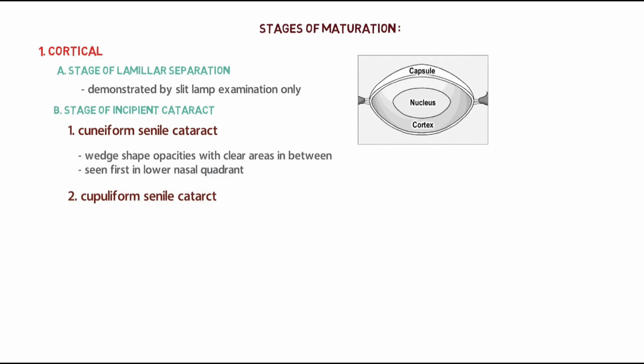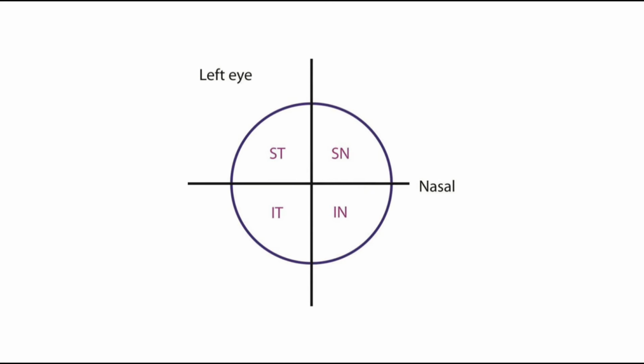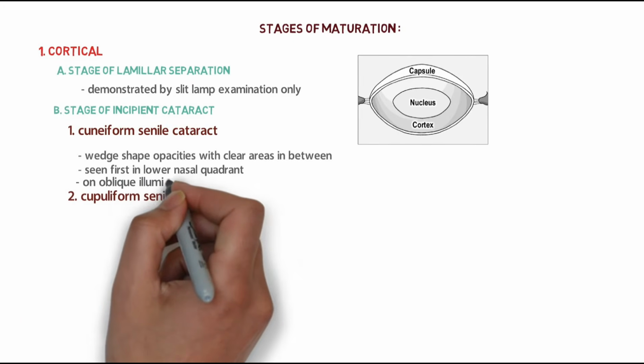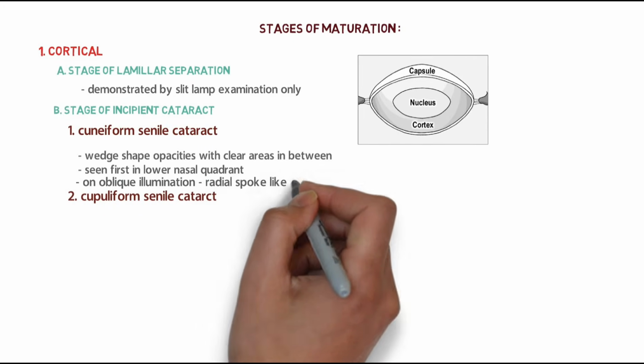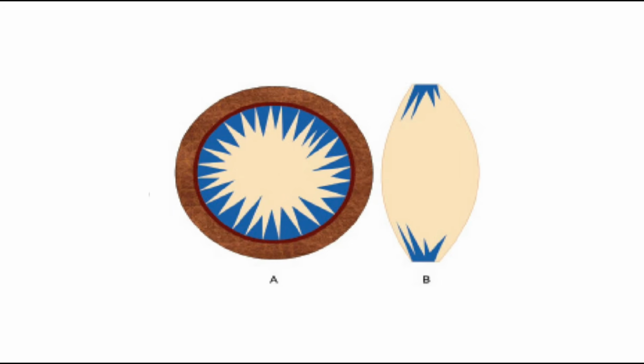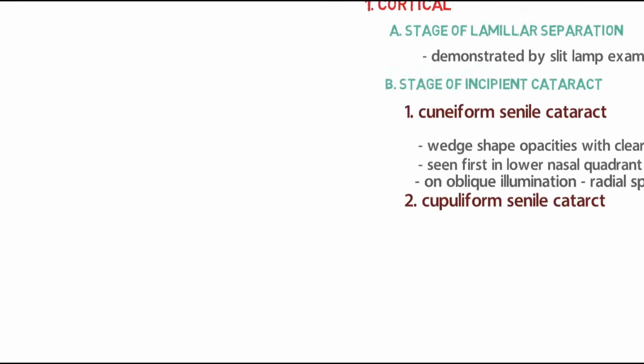There are four quadrants of the eye: lower nasal, upper nasal, upper temporal and lower temporal. So it is first observed in the lower nasal quadrant. On oblique illumination, it looks like a radial spoke pattern.